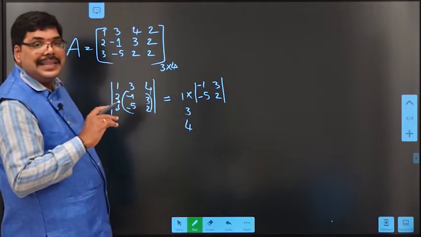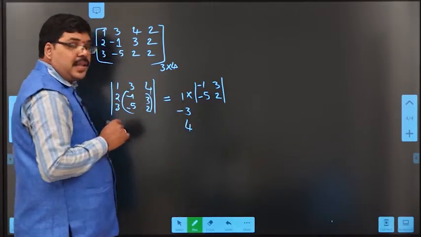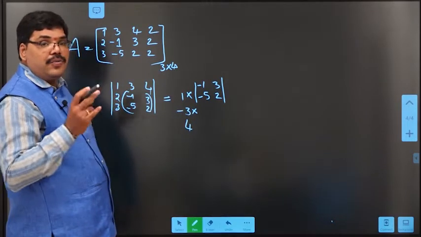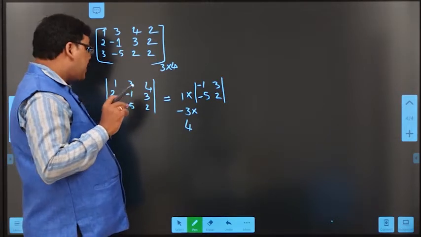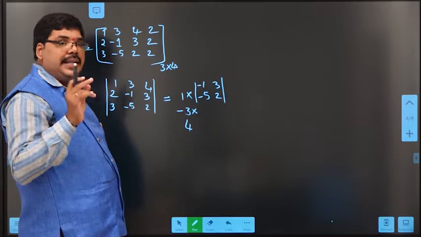Then you have to change the sign. Minus 3 into the minor of 3. The minor of 3 is obtained by removing the row and column containing 3.